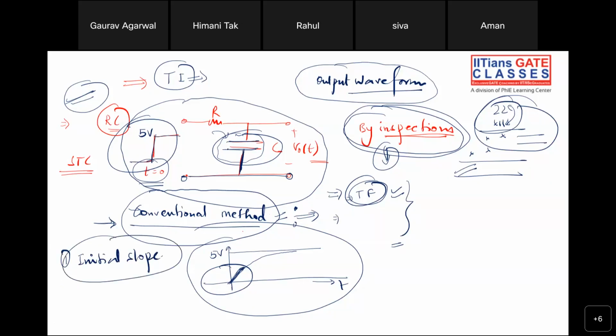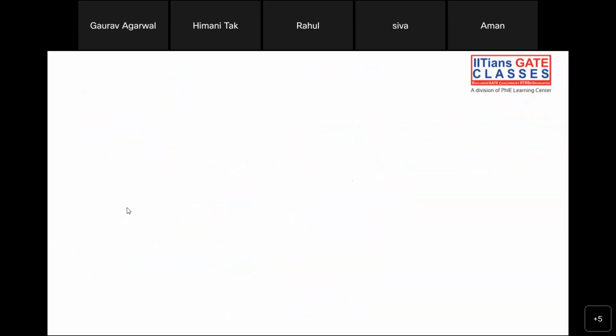And what are the initial conditions here? How can you determine the initial slope of this waveform? These things are very important, and these things will be asked.